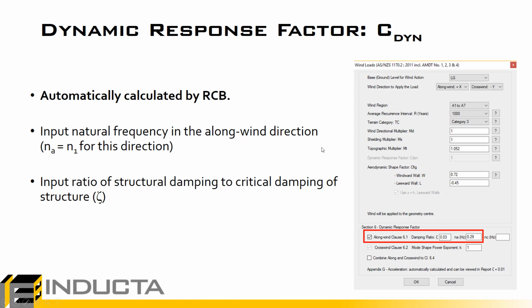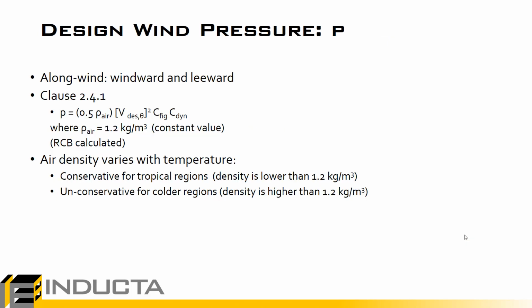So the only thing we need to input for the calculation of C dyn is switch this on and put in the damping ratio and the natural frequency in the along wind direction. With that input, the program automatically calculates the design wind pressure for us based on the equation to clause 2.4.1 for the along wind windward and leeward walls.